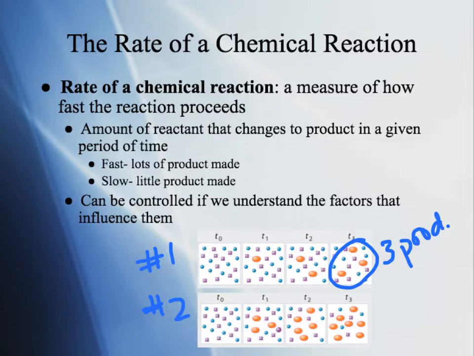And in reaction rate number 2, at the end of T3, we get 1, 2, 3, 4, 5, 6, 7 products altogether. So we can say that reaction number 2 has a faster, or higher, reaction rate than reaction number 1, because we're going to get more products over the same amount of time.